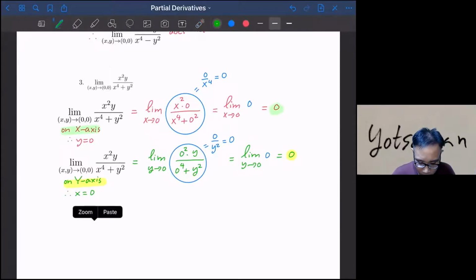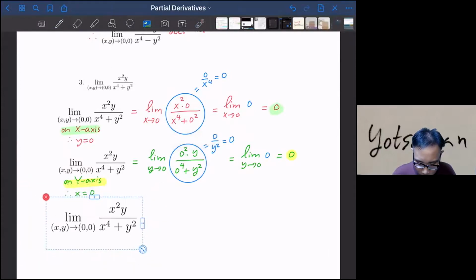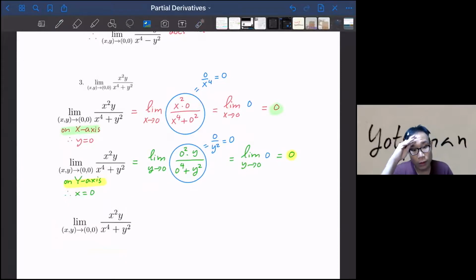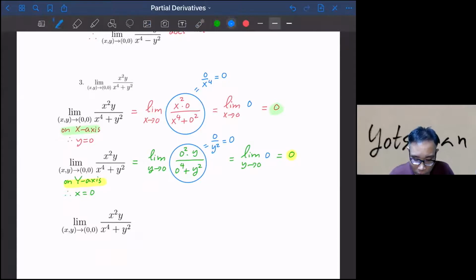So we're just going to try to find another curve where the limit turns out not to be equal to 0. You have to take a look: if we want a limit different from 0, we have to be able to combine the top and the bottom.